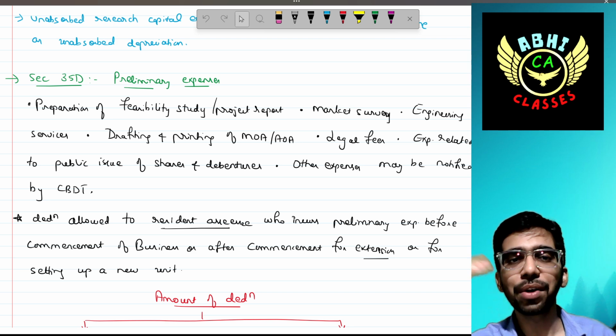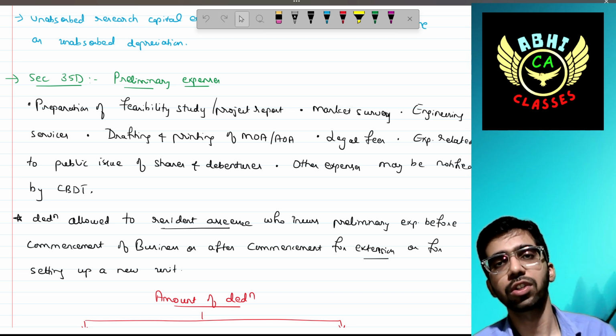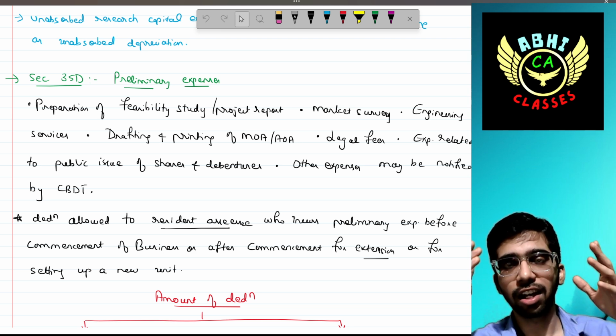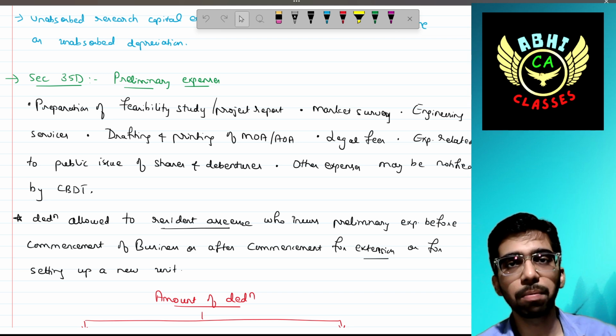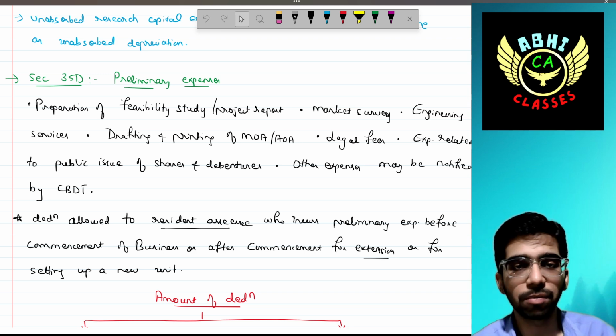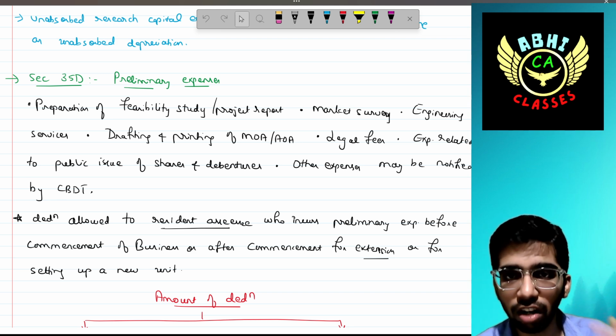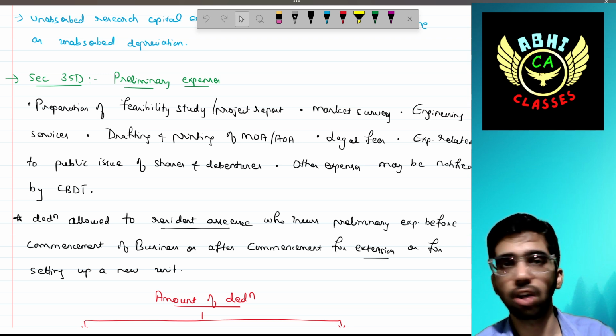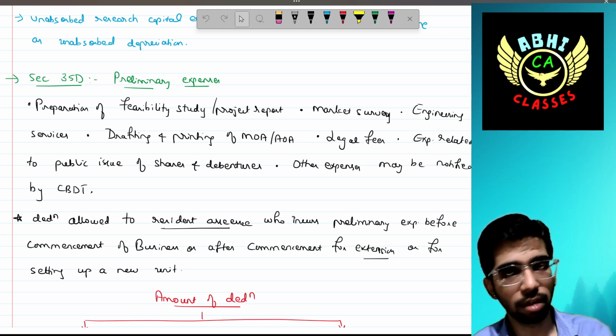Okay, drafting and printing of memorandum of association or articles of association, that I hope you have studied in your foundation, in the law subject, mercantile law. Legal fees or expenditure related to public issue of shares or debentures. Other expenses may be notified by CBDT.